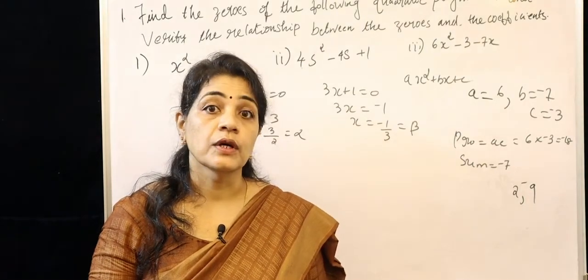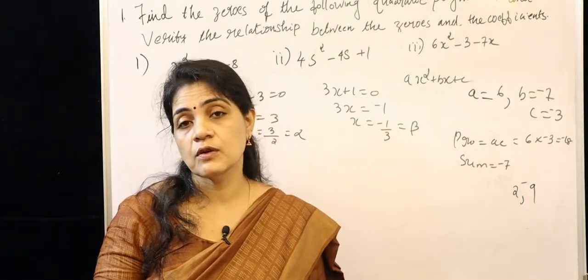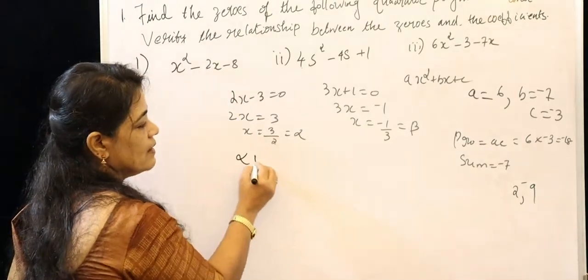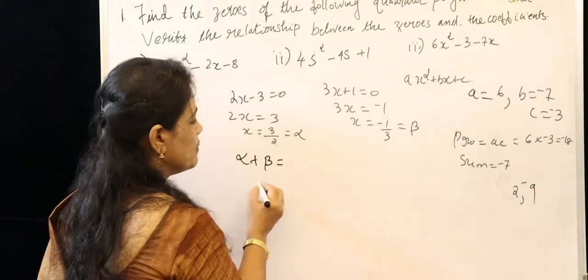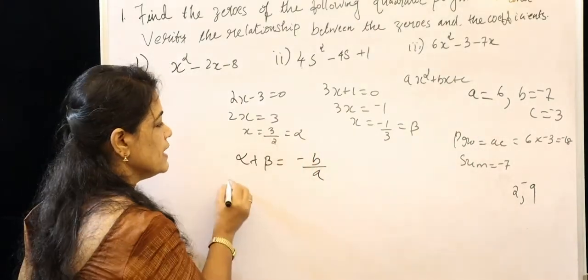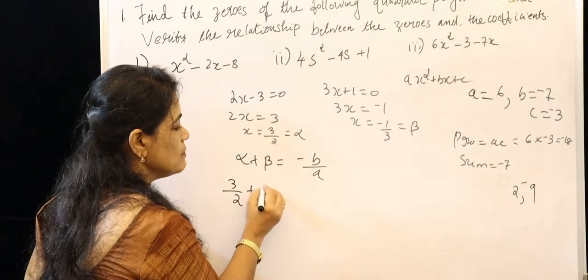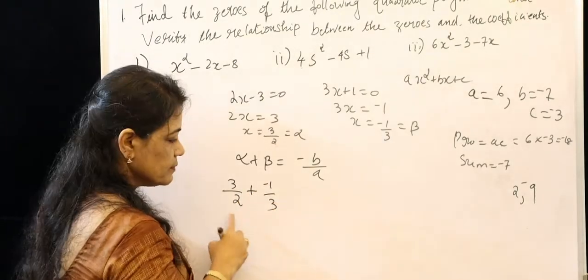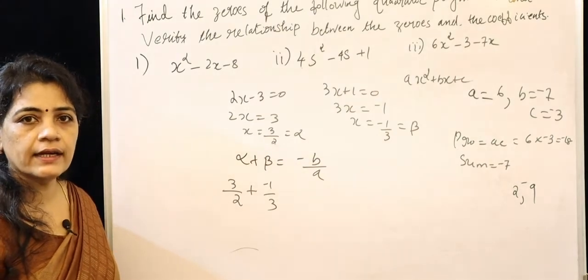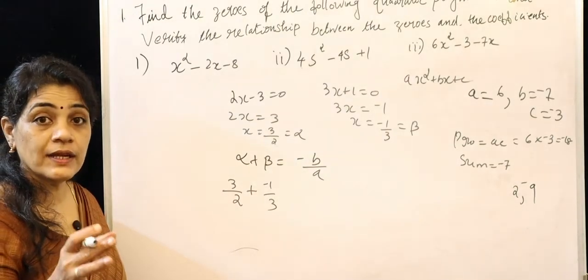Now we are going to verify the sum of the zeros with minus b by a. So alpha plus beta equals minus b by a. So what is alpha plus beta? 3 by 2 plus minus 1 by 3. They are unlike terms, so the fractions have to be made like before adding.